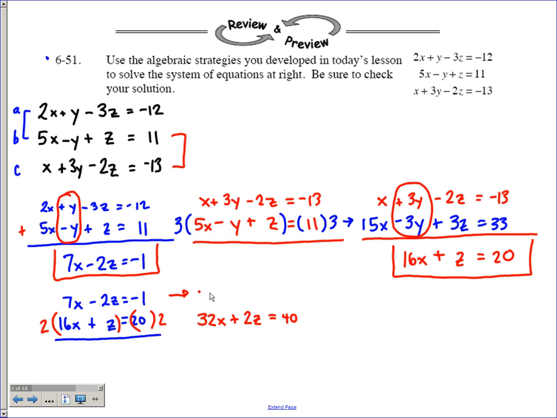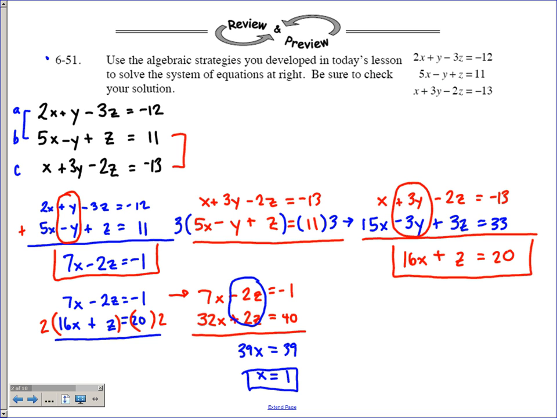I've got 7x minus 2z equals negative 1. As I do my elimination step here, my 2z and negative 2z eliminate each other, leaving us with 39x is equal to 39. In which case, x is going to have to equal 1.